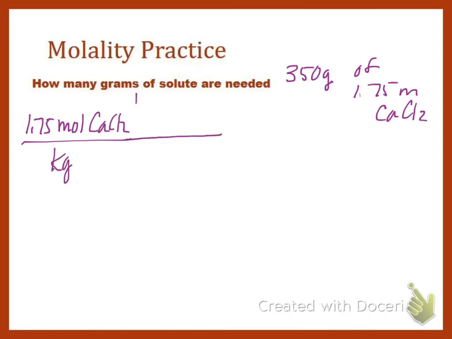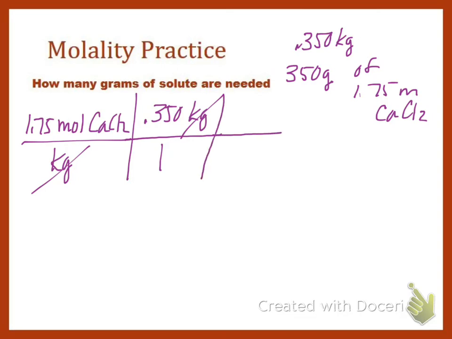And I'm going to multiply by my solvent, which is going to be 0.35 kilograms, because I want kilograms to cancel out, right? Now I have moles of calcium chloride.